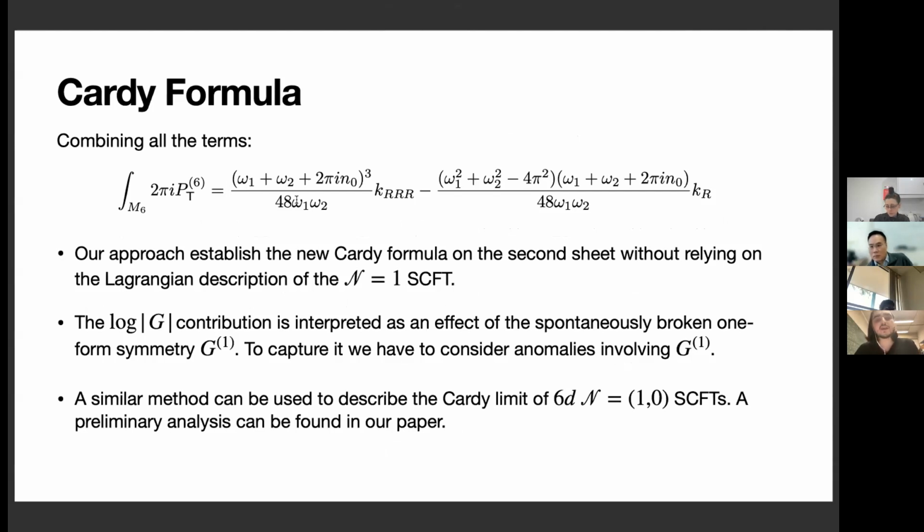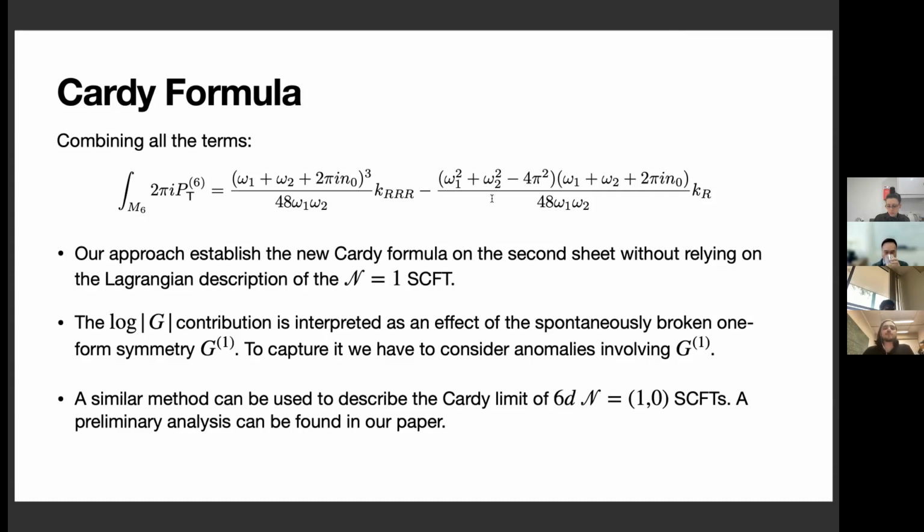And so we can establish that the Cardy formula can be derived on this second sheet without relying on the Lagrangian description of the SCFT, because all we need to do in this formulation is to know the contribution from anomalies that is universal for this kind of superconformal field theory.